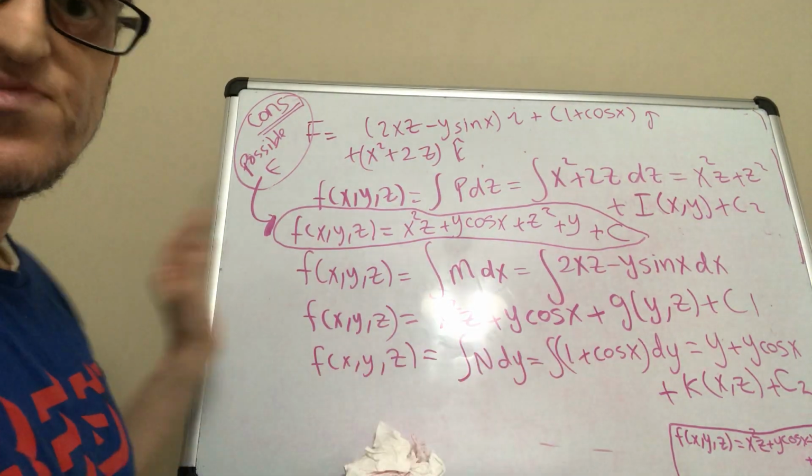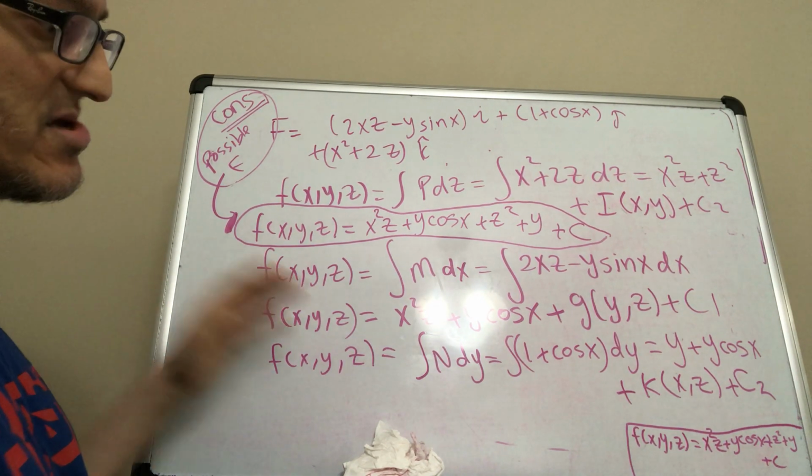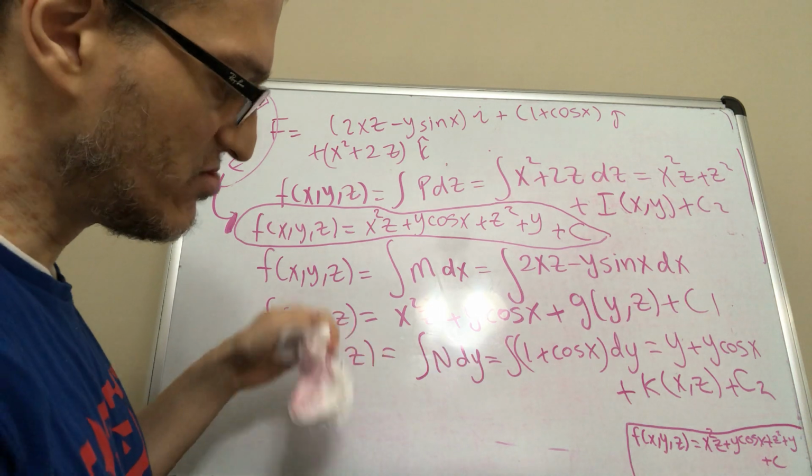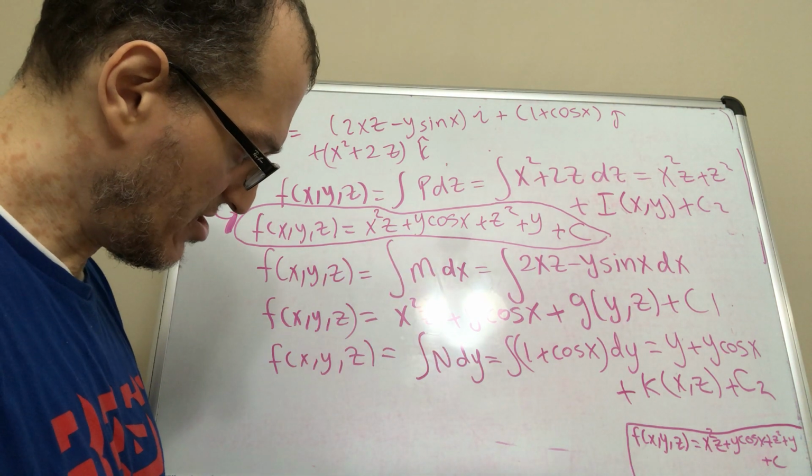I'm just going to put it on the side. I don't know if you can see it. I moved this way a little bit. I'm just going to put it on the side because I know it will be part of the next question.